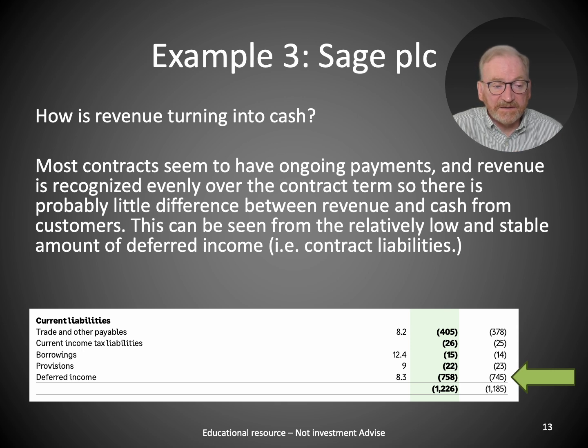And you can see this down below in the relatively stable relationship between deferred income this year and last year. You can see here they're about 750 million, and that is not a huge level, and also it's stable over time. So that's the kind of thing I'd be looking out for in a company like this.